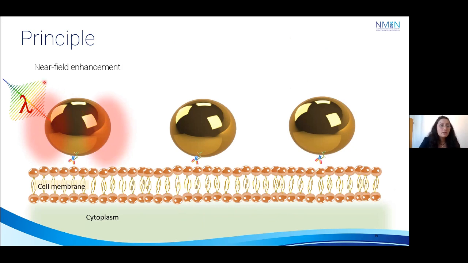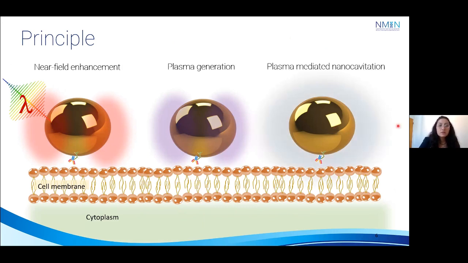This is going to create a near field enhancement that will lead to plasma generation. This plasma generation subsequently will result in plasma-mediated nanocavitation. That means that we are going to produce a nanobubble that will explode at a certain point and produce a shock wave.